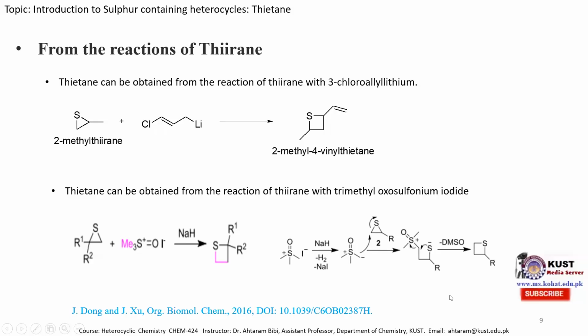So in the same paper, this reaction is mentioned, that Thietane can be produced from the reaction of thiirane either with 3-chloroallyl lithium, or by reacting thiirane with trimethyl oxosulfonium iodide.